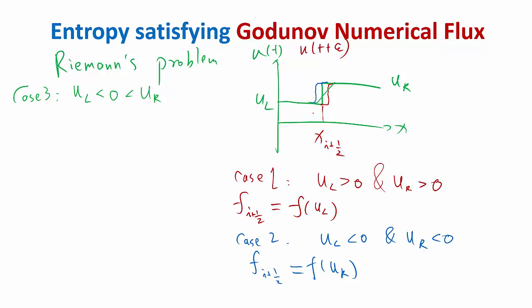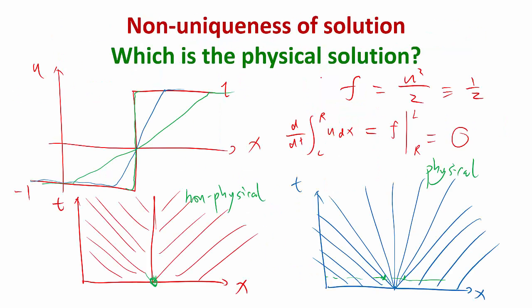Now here's the most critical question in Godunov flux. What is the value of the solution at the interface after infinitesimal time? Look at the physical solution again.